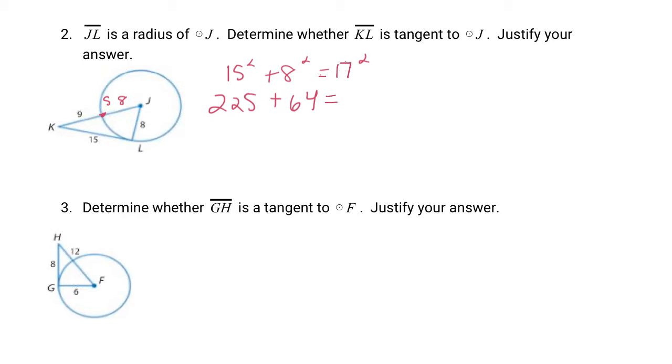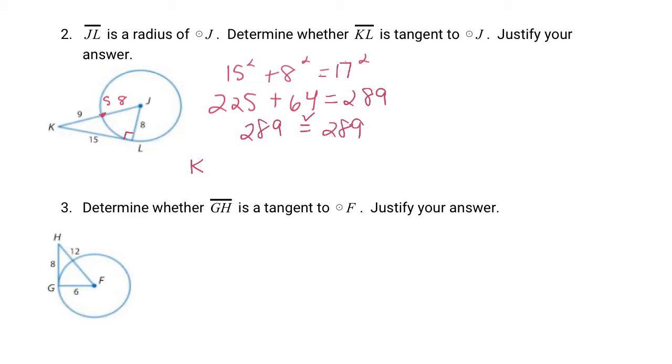So 225 plus 64 should equal 17 squared, which is 289. And 225 plus 64 does happen to be 289, which matches. So that means JKL is a right triangle, and KL is a tangent to circle J.